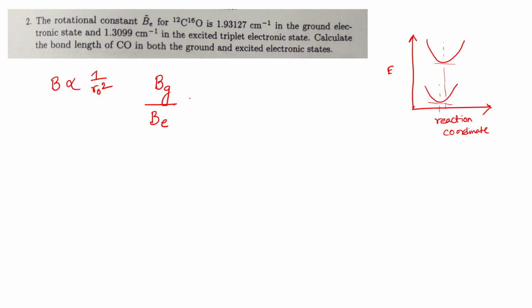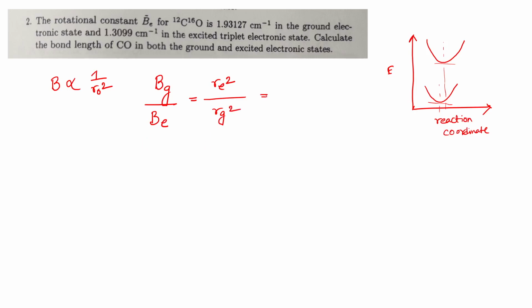Okay. So if I take a ratio of that, then the other things are the same, right? Your reduced mass is the same, and obviously the others are universal constants, right? So those will cancel, and you are going to get the square of the bond length in the excited state divided by the square of the bond length in the ground state.